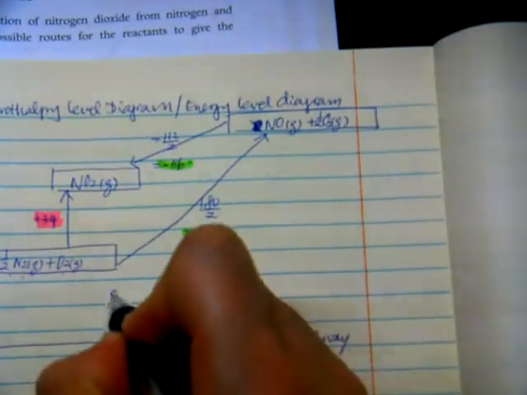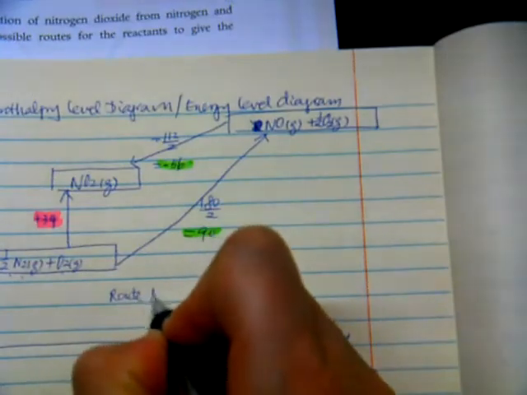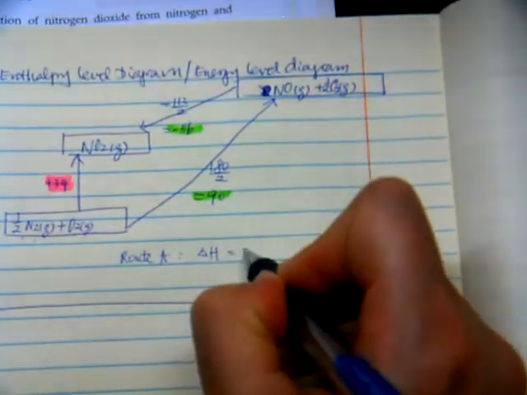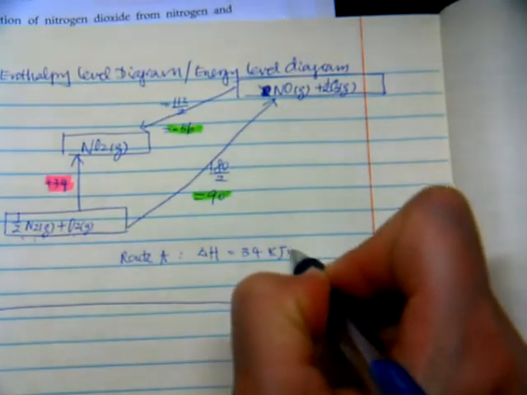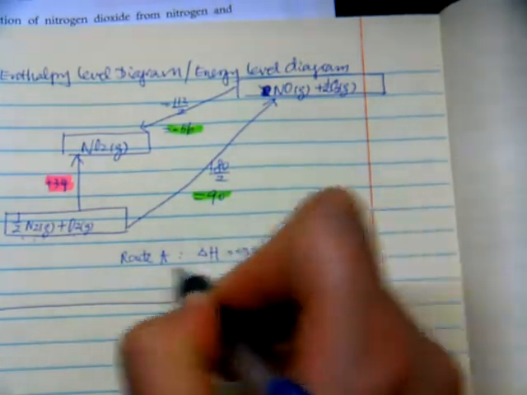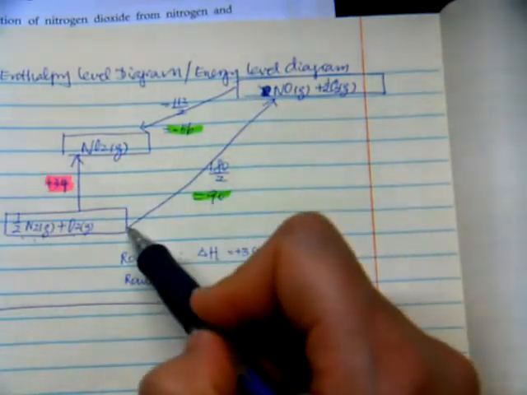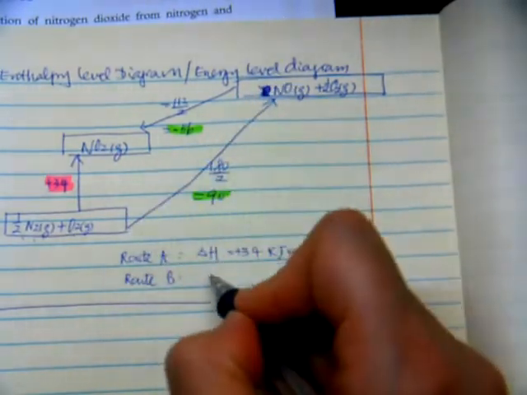For route A, the delta H is 34. Is that right? For route B, there are two steps. First step, second step.